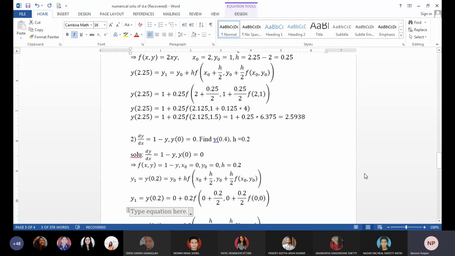So my y1, that is y of 0.2, is 0 plus 0.2 into f of 0.1, and the second component 0.1 into f of 0, 0. What will f of 0, 0 be? 1.